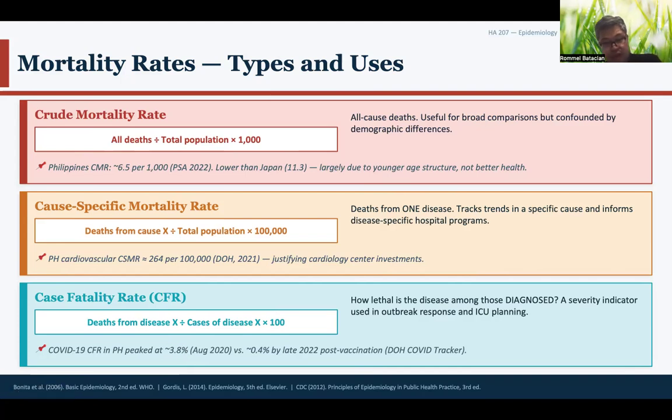However, at a later time wherein the vaccination program has been rolled out, the case fatality rate dropped to about 0.4%. So it tells you that the clinical protocols, a much more clear understanding of the pathophysiology and other clinical characteristics of the COVID-19 infection help reduce the lethality even if the virus was still spreading.